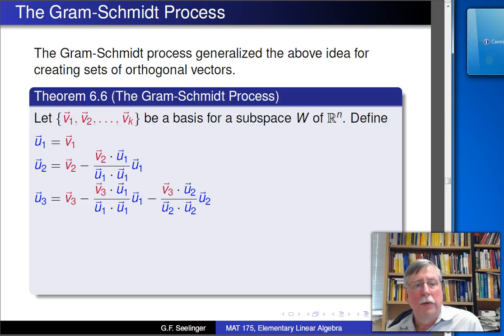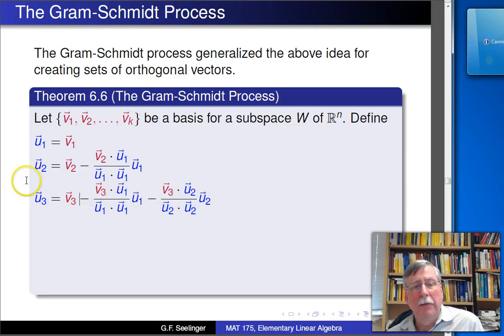Now I want to do the same thing for V3. Since U1 and U2 are orthogonal to each other, when I project onto the span of U1 and U2, all I do is project onto the vectors individually. So I'm subtracting off the projection of V3 onto the span of U1 and U2, and thus I get something that's orthogonal to that plane.